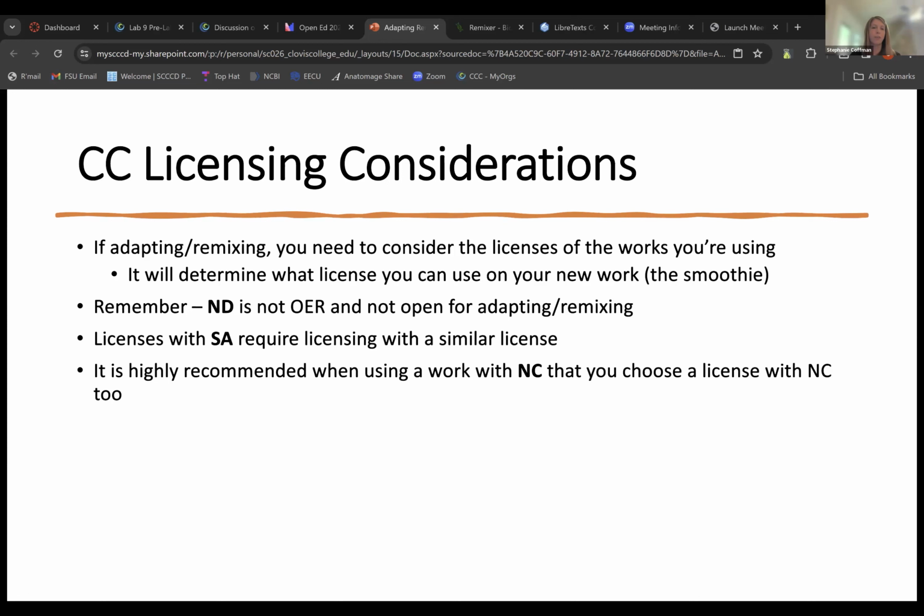So you're restricted to only using that one. Now, when it comes to non-commercial licenses, it is highly recommended that if you're using a work with a non-commercial license on it, that you also choose a non-commercial license as well, just to honor the wishes of the person who created that first thing.